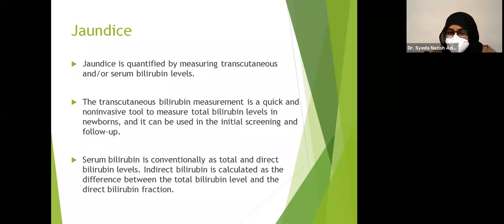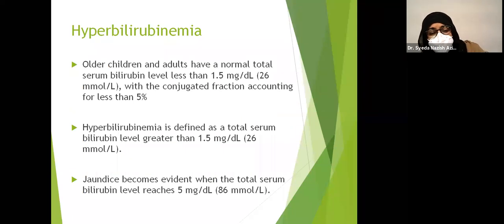Most laboratories report it as the total serum bilirubin level and the direct bilirubin level, while the indirect component is calculated by measuring the difference between the two. So how do we define hyperbilirubinemia?